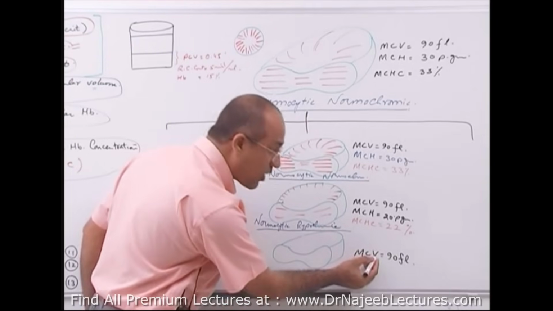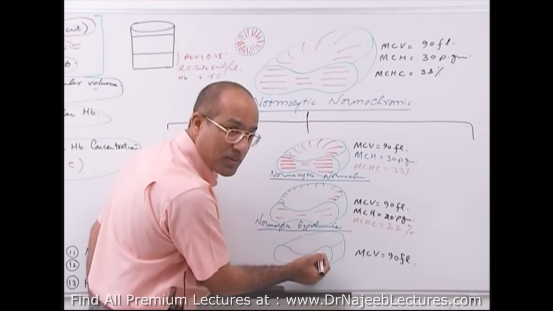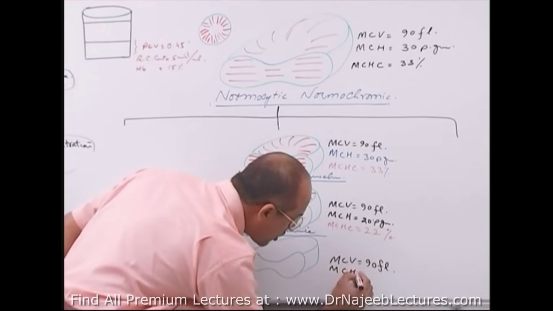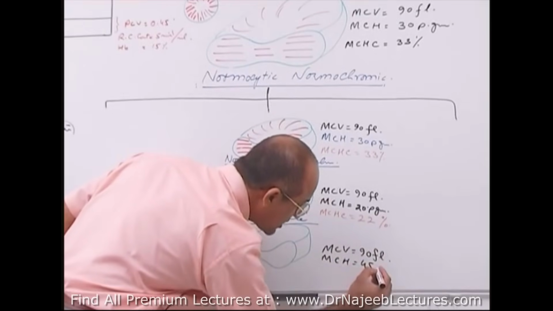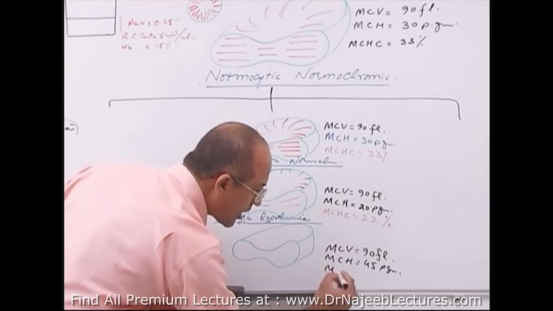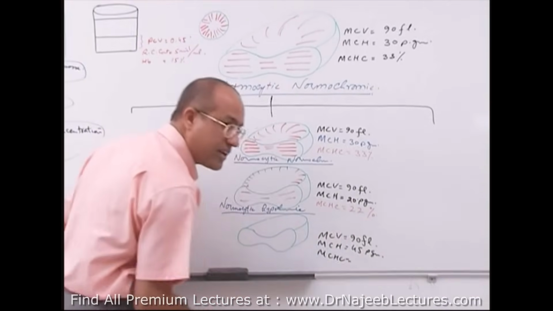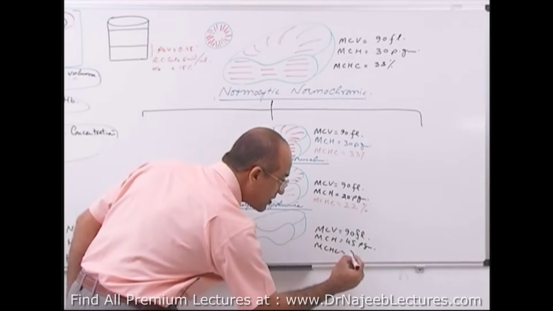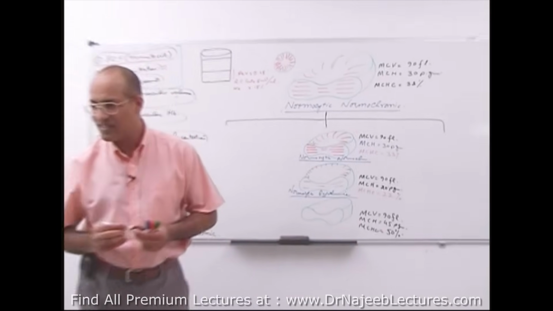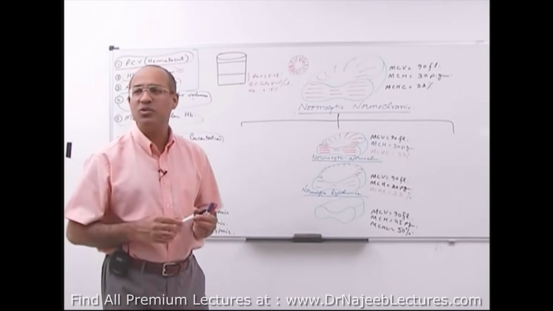Mean corpuscular volume is 90 femtoliter. Mean corpuscular hemoglobin is, let's suppose, 45 picogram. What is the mean corpuscular hemoglobin concentration, my friends? 50%. Yeah. It is overjuicy. It got too much juice.